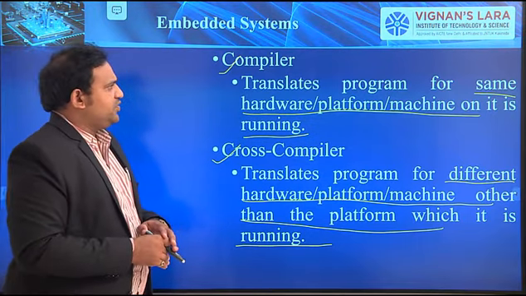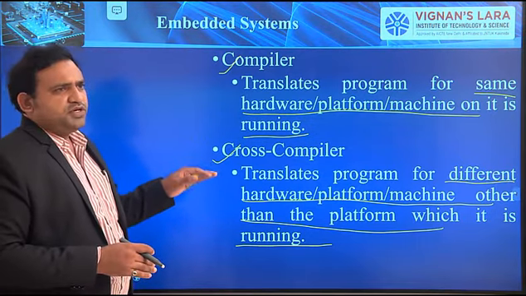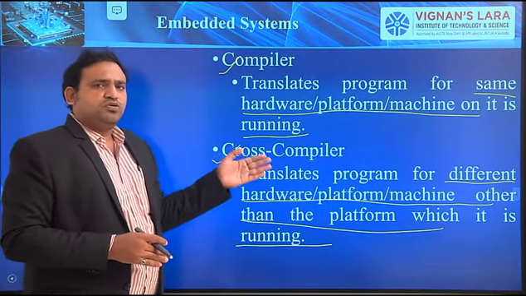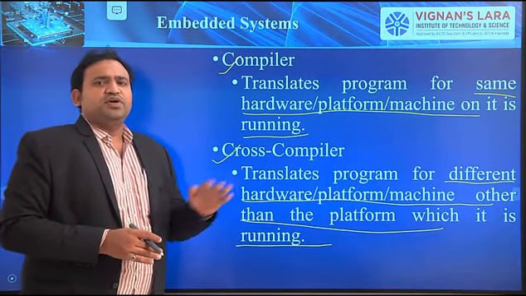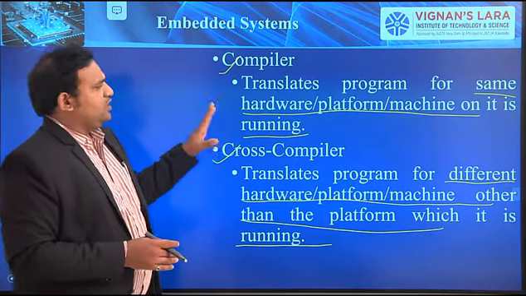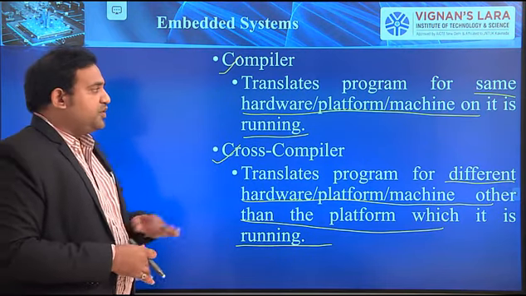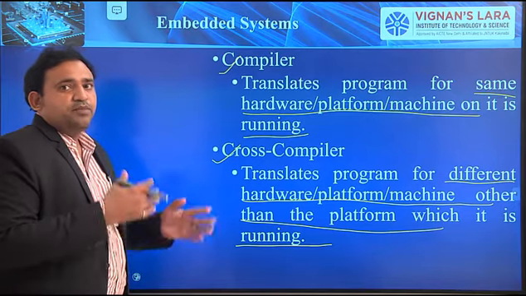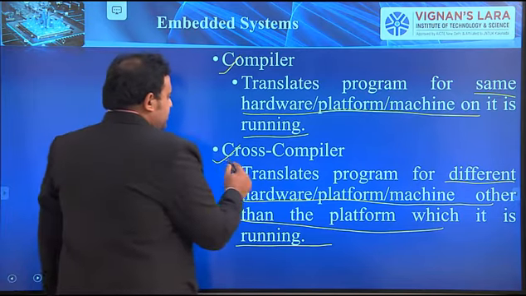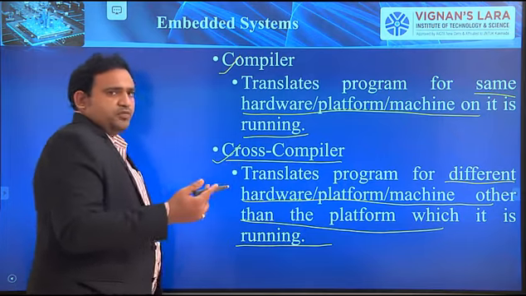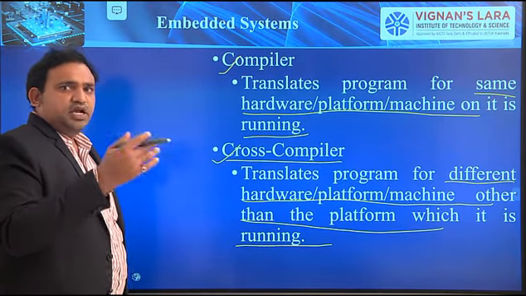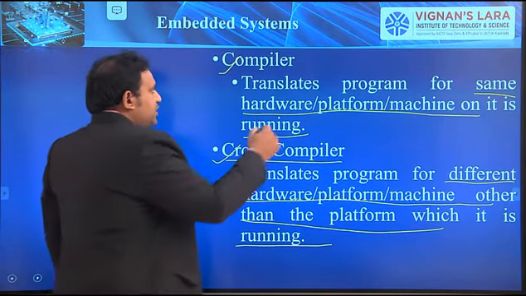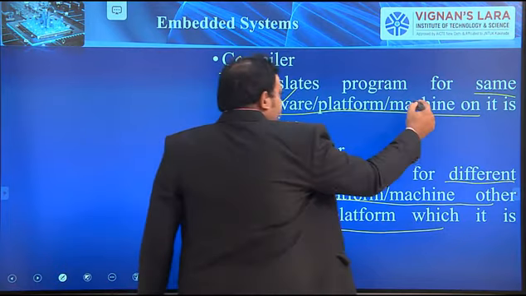If after compilation the code will run only on 8051, that is said to be a compiler. With a cross compiler, the respective code will run on different platforms, different hardware, different machines.